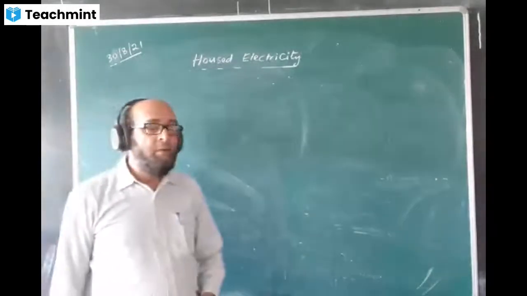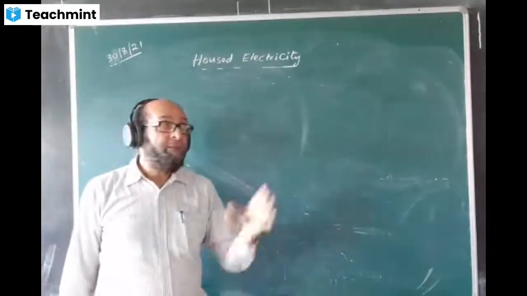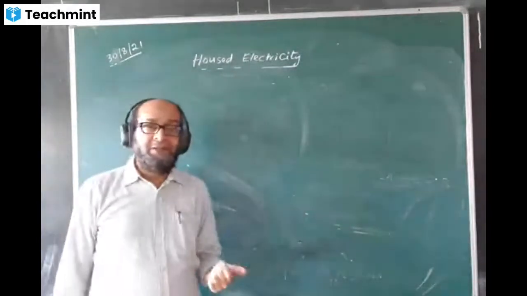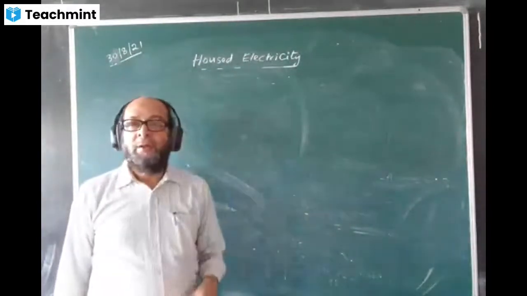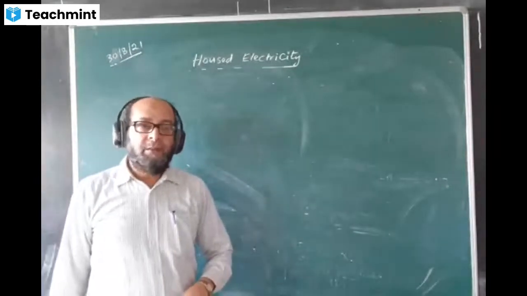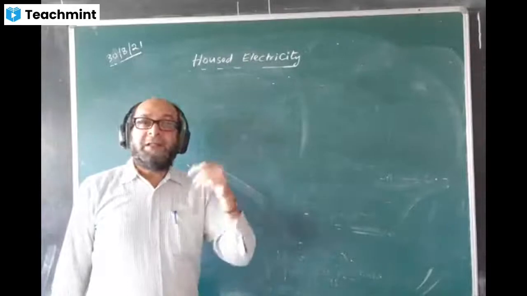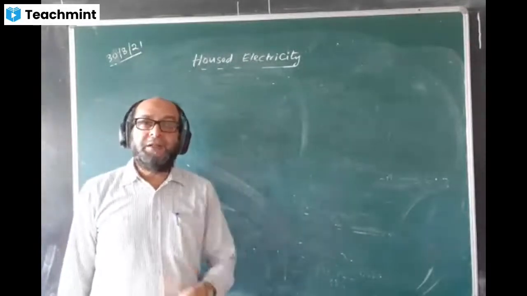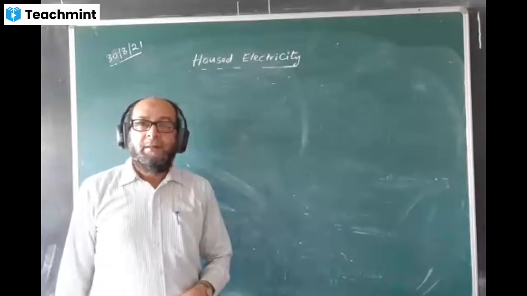These are more common things we see at home. We do wiring. We have switches. We have fuse. So it is all about that, and then we pay the electricity bill. It's all about consumption of electrical energy, electricity.